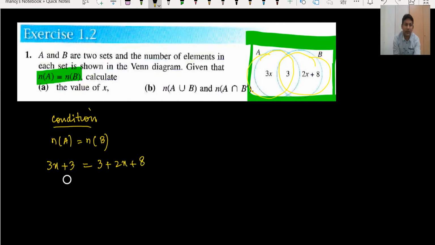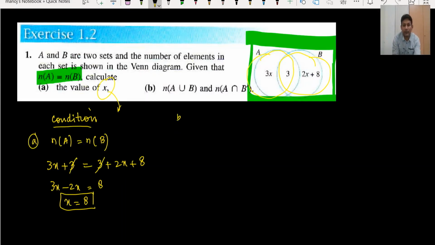When you simplify this, 3 and 3 cancel out, and with 2x on the left-hand side, it is only x. So x is equal to 8. First of all, we got the value of x. The requirement was to find the value of x, and we have got it.